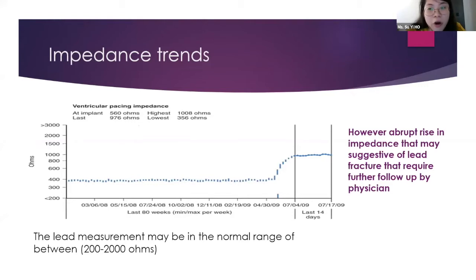However, if you compare it with the trend, you can see that there is a significant jump from 400 ohms to 1000. So to me, this might be an alarm bell, and I will probably alert the physician to maybe rule out lead fracture by asking the patient to go for a chest X-ray.